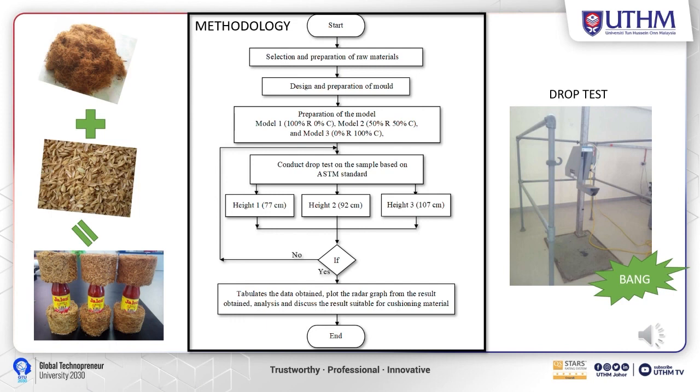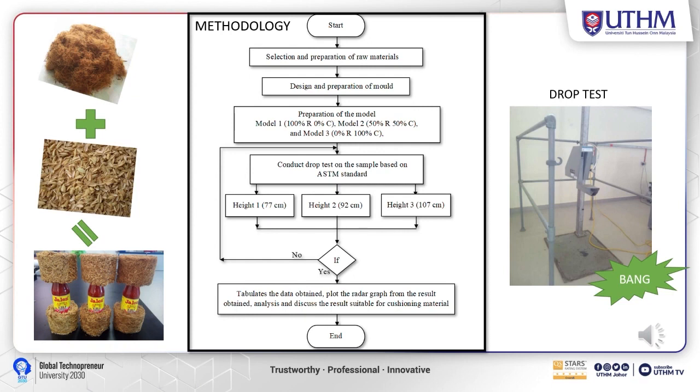After that, we tabulate the data obtained and do the analysis and discussion based on the results to decide which is the suitable material for cushion. Now I'll go into detail regarding each of these steps.